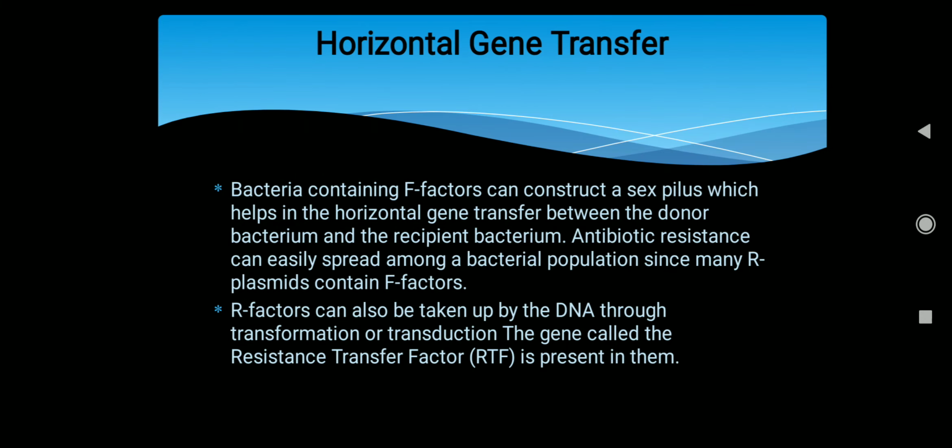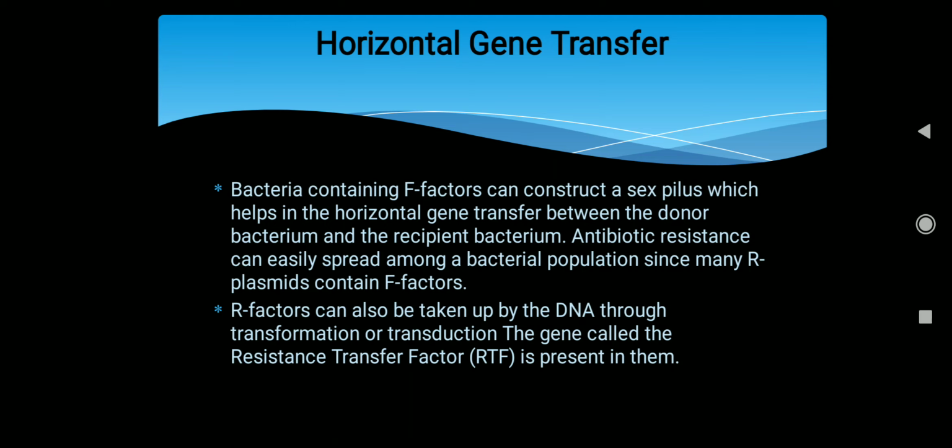Since the R plasmid contains the F factor, they can construct a sex pilus which will help in horizontal gene transfer between the donor bacterium, the one which contains the R plasmid, and the recipient bacterium.